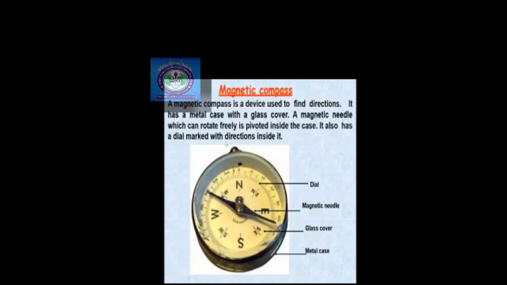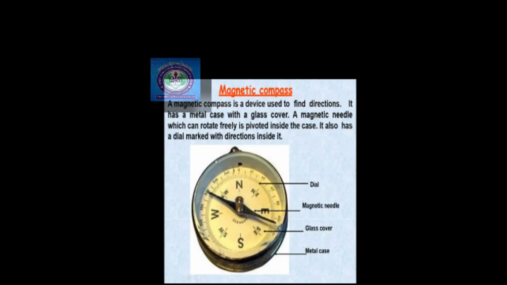Now, we have also studied about the property of magnets, that magnet help us to know the direction. So this property we use in magnetic compass. In magnetic compass, which is used to find directions, it is having a metal case with a glass cover.